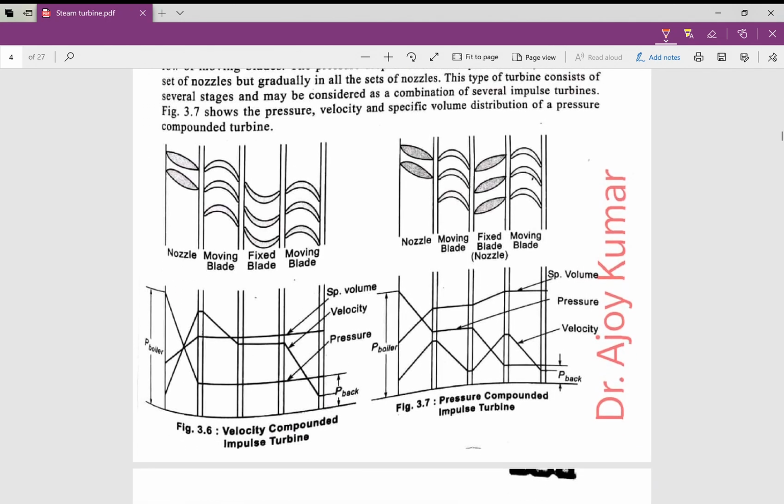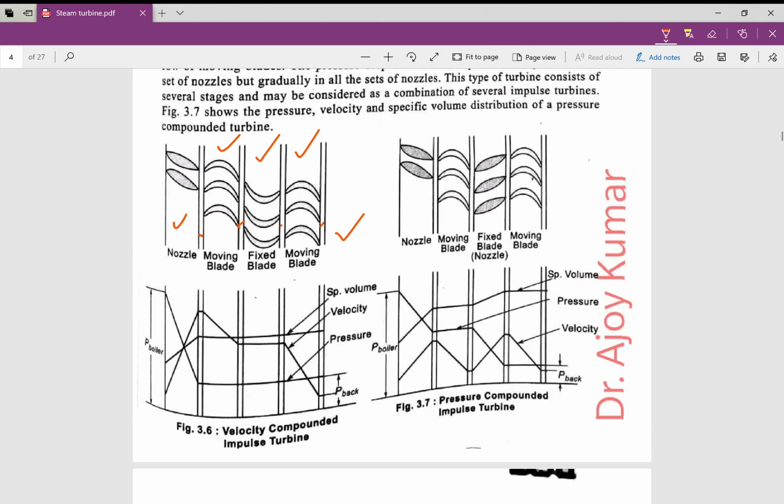So here is the arrangement of velocity compounding. The arrangement is on a single rotor and wheel. These types of arrangements are made, like say, first set is nozzle, then moving blade, fixed blade, and again moving blade. Between two blades, there is a passage given, a gap.